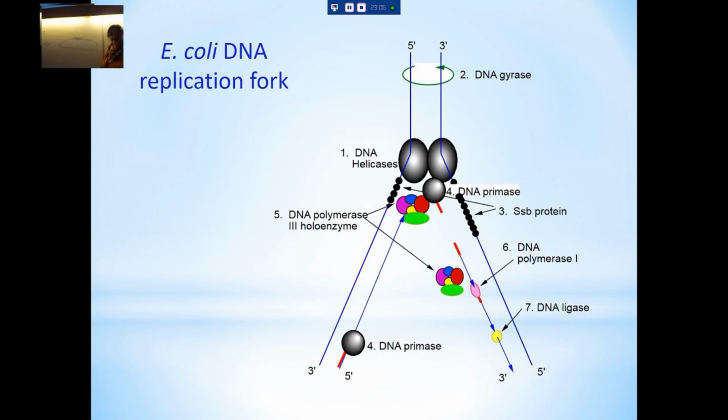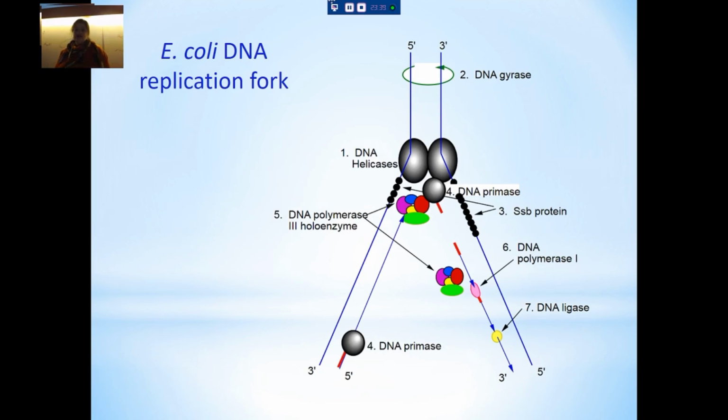It just makes short little RNA transcripts for DNA polymerase in what is not a sequence-dependent fashion. So DNA primase recognizes DNA and makes a very short transcript, and when that transcript is made, the DNA polymerase holoenzyme, DNA polymerase 3, will begin the leading strand synthesis.